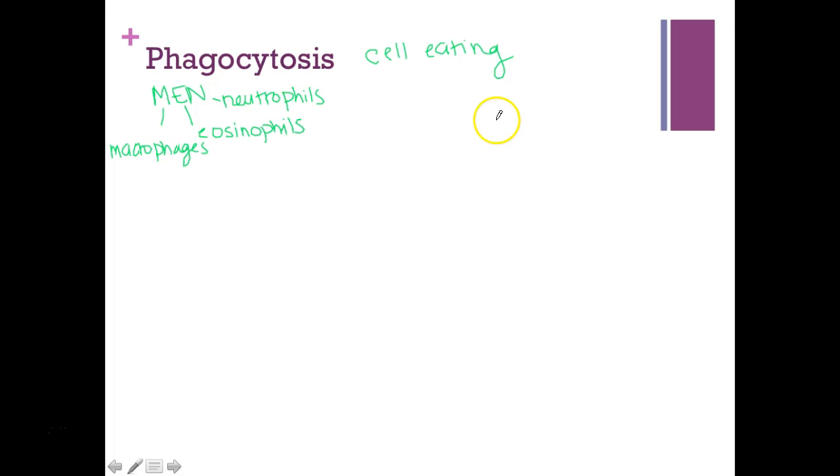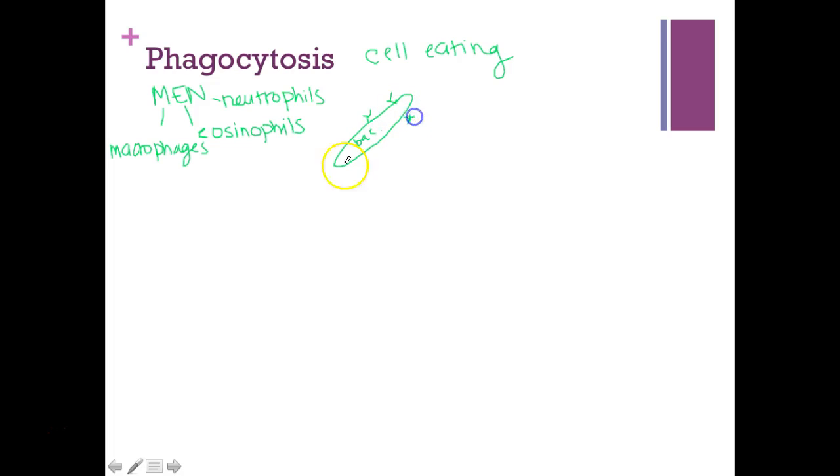The way they're going to start with phagocytosis is that they have to recognize our pathogens' carbohydrates on their cell surface. So here's my fun little carbohydrate, guys. This is like a bacteria.